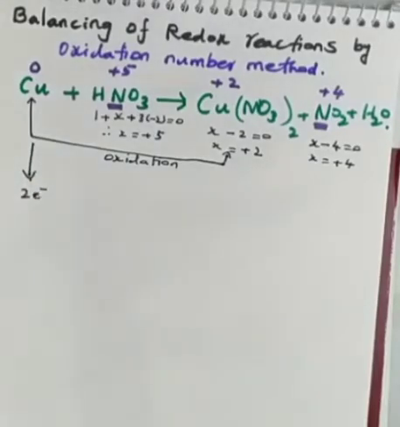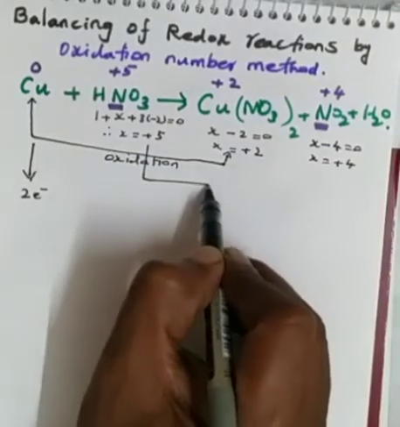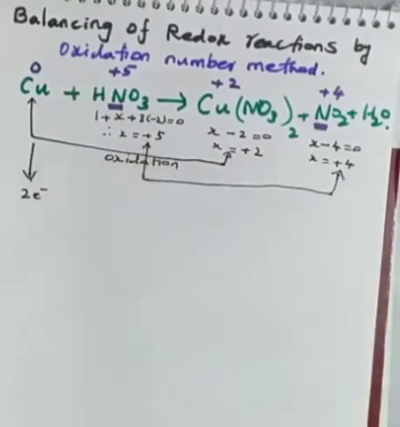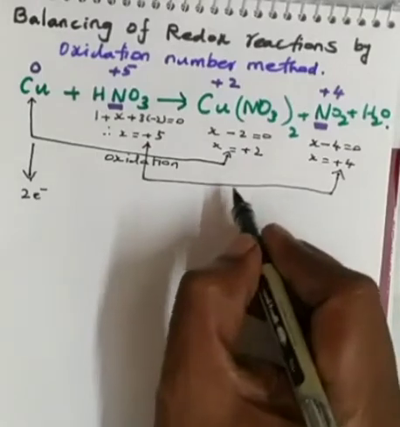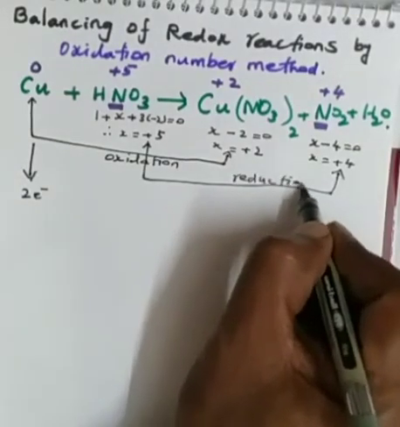In the same way, this nitrogen changes from plus 5 into plus 4. That means it gains 1 electron. Therefore this is a reduction reaction.